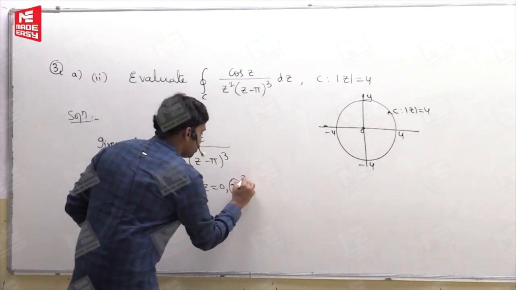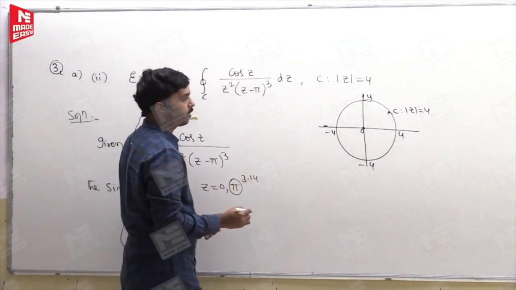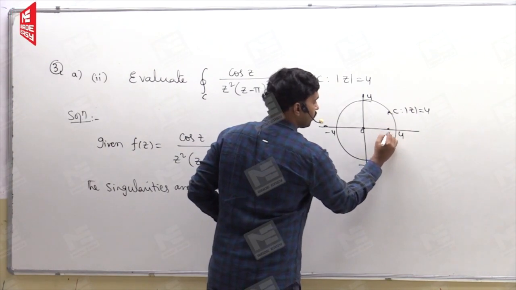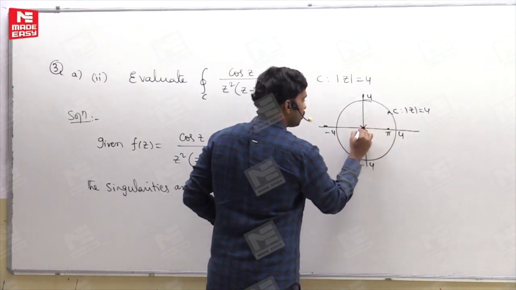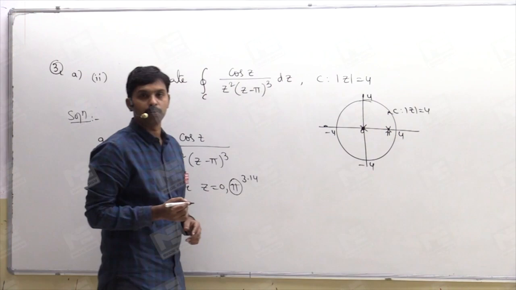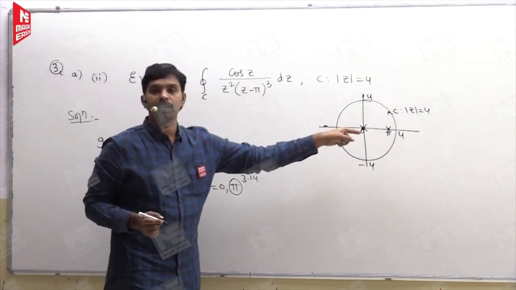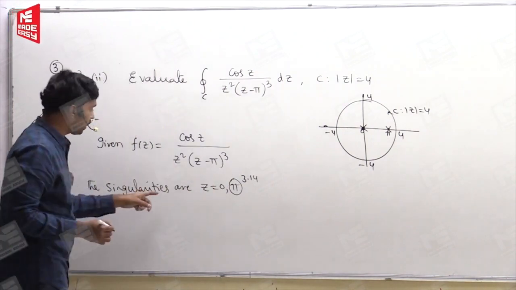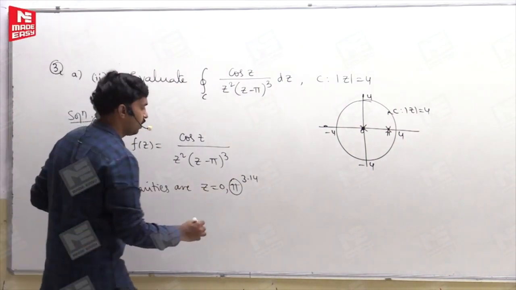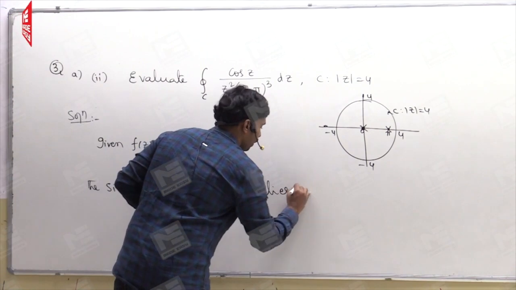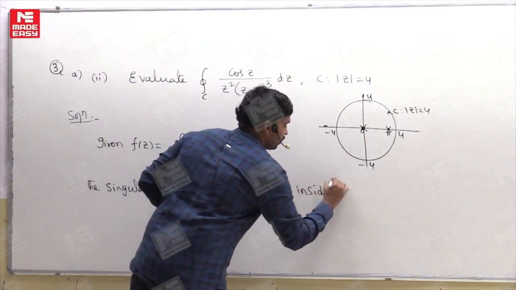The pi value you should take as 3.14. So somewhere it is pi here, right? And this is 0. So these are the 2 poles we are seeing, which both lie inside C. So the singularities z is equal to 0 and pi lie inside the contour.